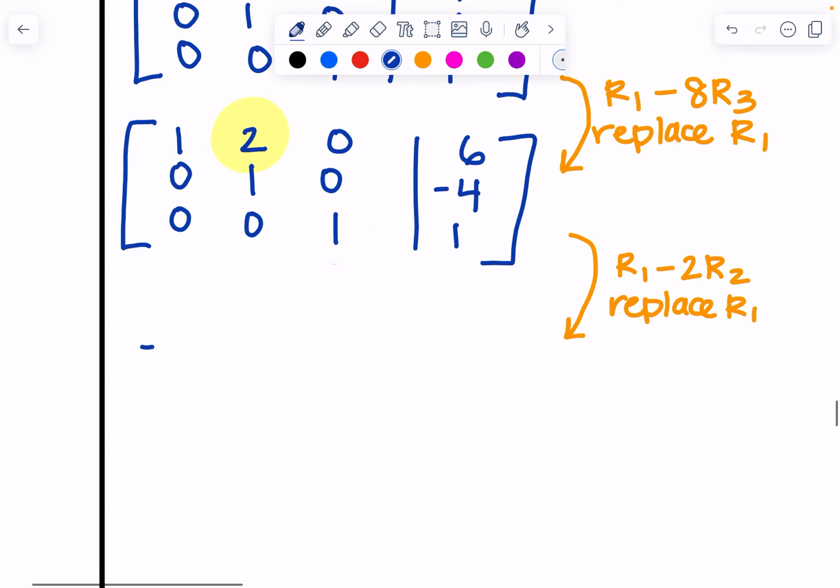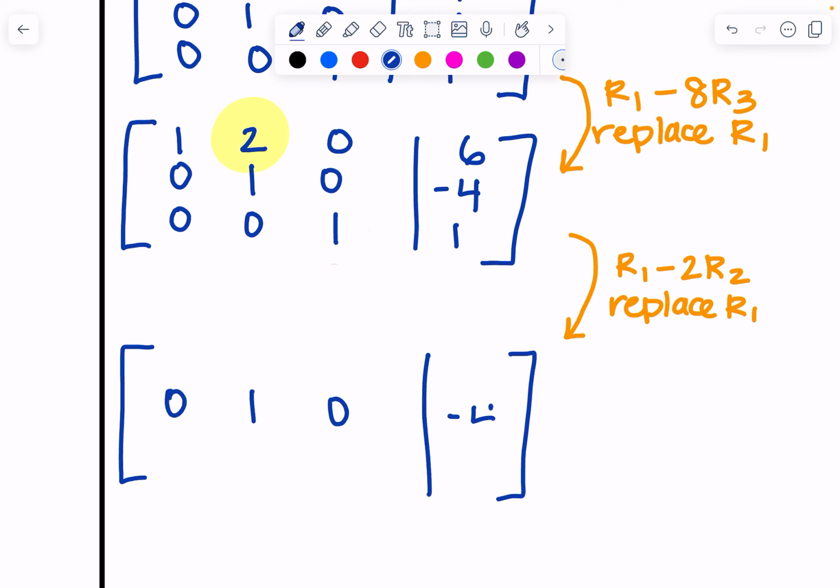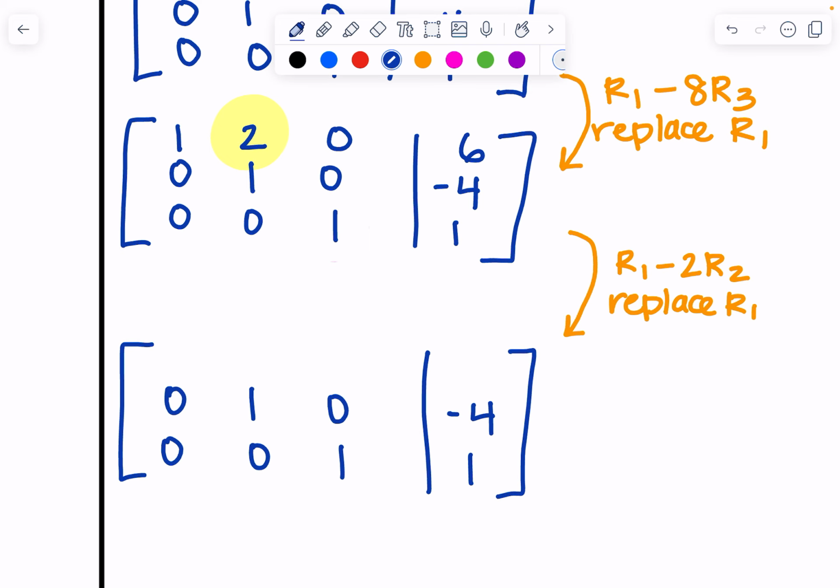Okay, so when I do that, I am rewriting row 2 and row 3. And then my row 1 is going to be row 1 minus 2 row 2.